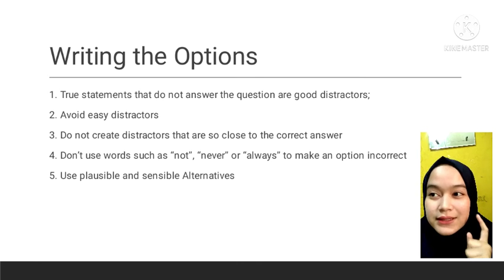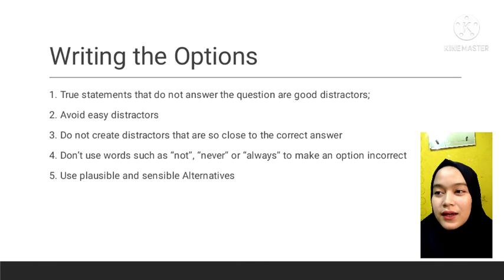Avoid easy distractors, because as I said before, an easy question is not really good.